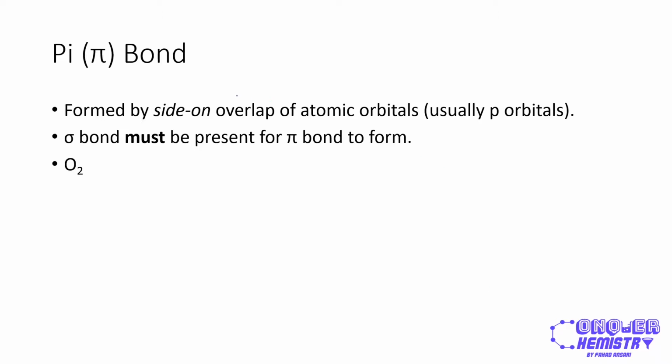First of all, we have oxygen, right? We know that oxygen, from the previous video on covalent bonding, has a double bond between the two atoms. So what happens basically is that you have the two atoms of oxygen, and first of all, there is a sigma bond formed between them using the overlap of two p orbitals end on, right?